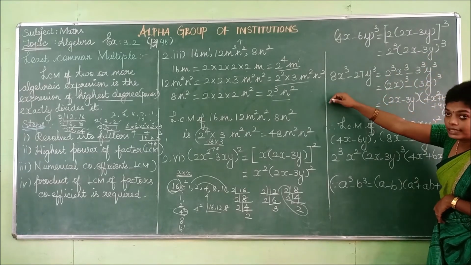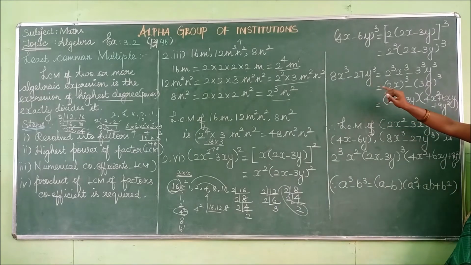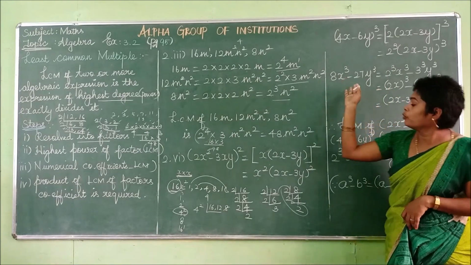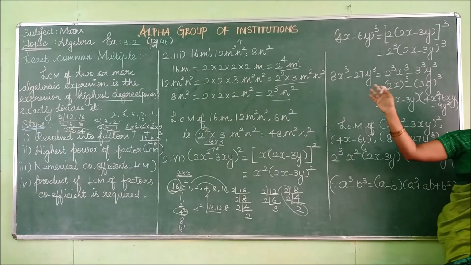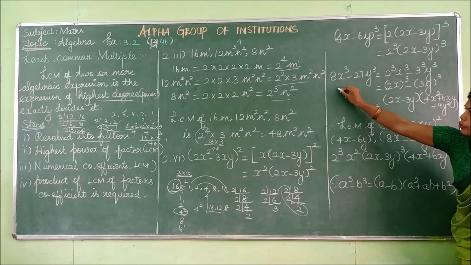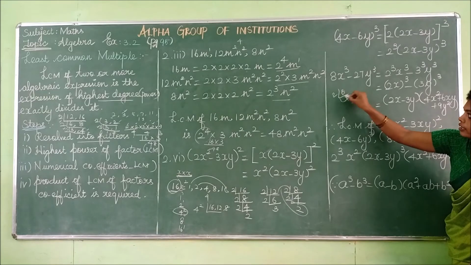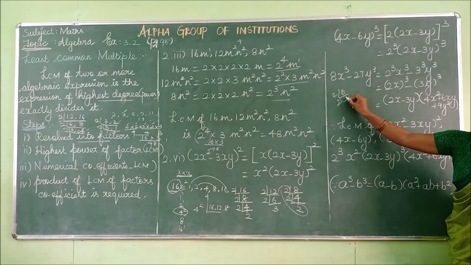Then consider the third term. What is our third term? 8x cube minus 27y cube. That 8 can be rewritten as 2 cube x cube. For 8, 4 2s are 8, 2 2s are 4.